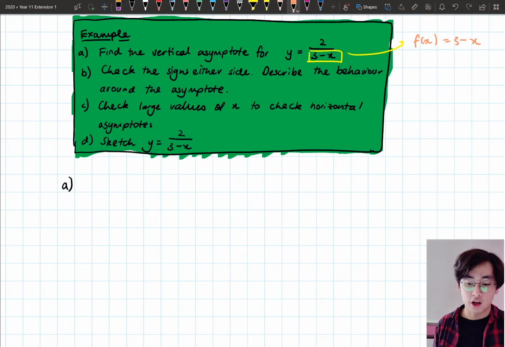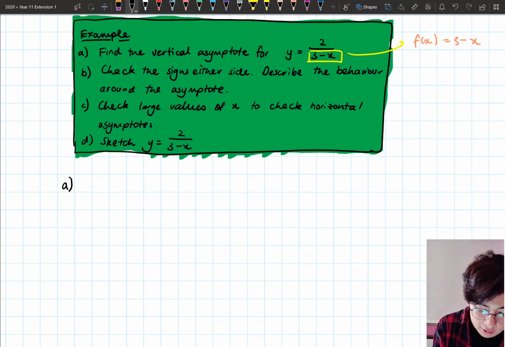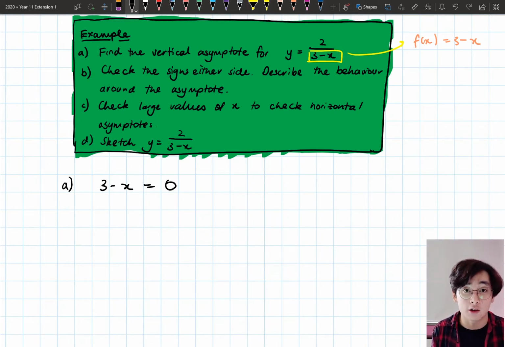So if we're trying to find a vertical asymptote, what do we do? We solve for f of x is equal to 0. We solve for where the denominator is equal to 0. So for the first part, I want to take that function in the yellow box, 3 minus x, and solve for that equal to 0, because that's going to give me the vertical asymptote.